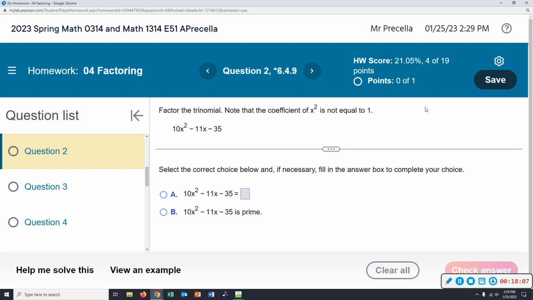What's the coefficient of x squared here? Coefficient is the number attached in front. The coefficient of x squared is 10, isn't it? Minus 11x and a minus 35.